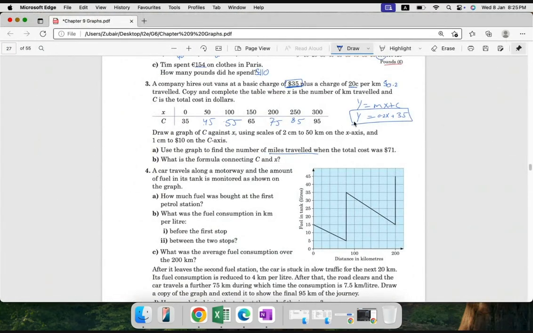I'm substituting 71 in y. So 71 minus 35 divided by 0.2, and I'm getting 180. So 180 kilometers was traveled. I write down the formula connecting C and x, already did. So from the graph, definitely you would find the equation of the line.